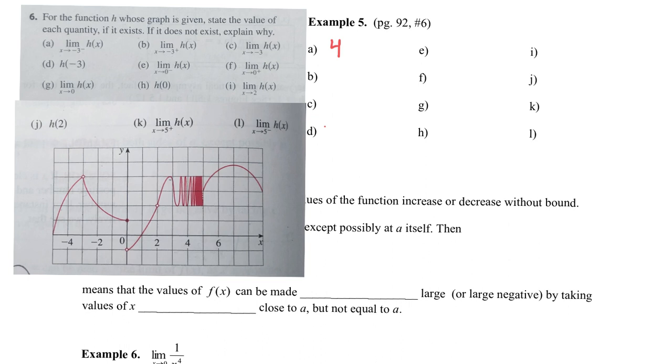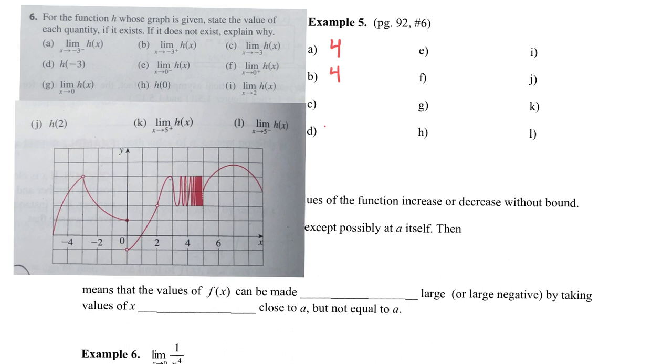B, as x approaches -3 from the right, so now we're coming in along here, and now we are going up here, and it also is approaching 4. Then part C says, what's the limit of this function as x approaches -3? Well, we've just seen that as x approaches -3 from the left and the right, we get 4 in both cases.